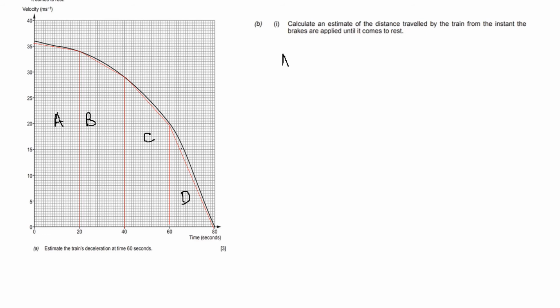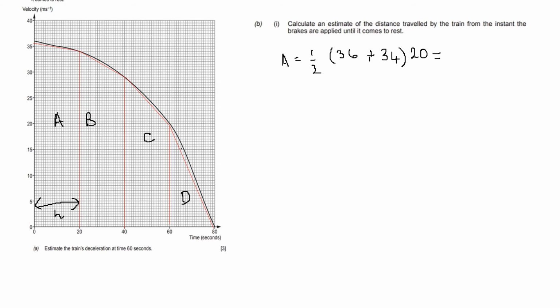So if we have a look at A, A is a trapezium. So we're going to do half of 36 plus 34, and then we multiply that by the width, or the height, so that would be h for this trapezium, multiplied by 20.